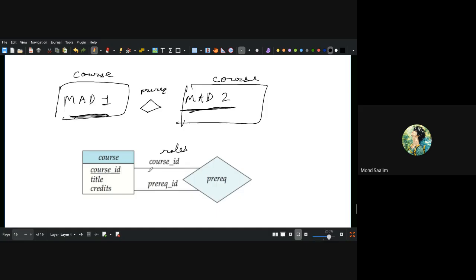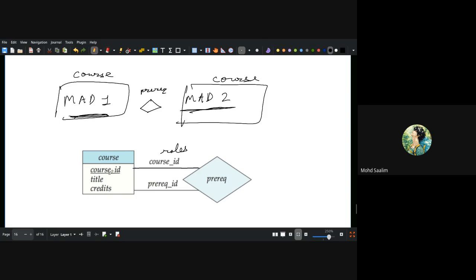You see what we are doing? We have this single entity, and this is the relationship called prerequisite. We are opening one line from this side and coming back to the same entity, because this is the same entity set. You are creating a relationship in the same entity set from one course to another.